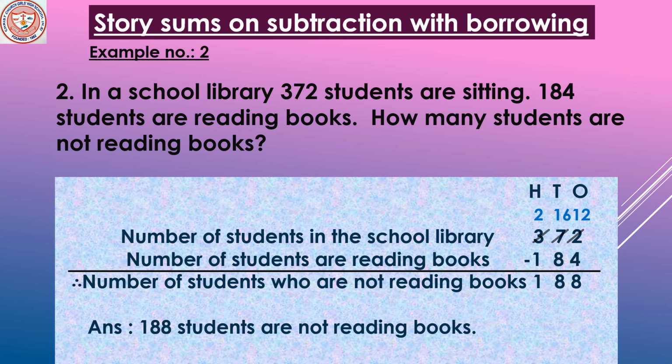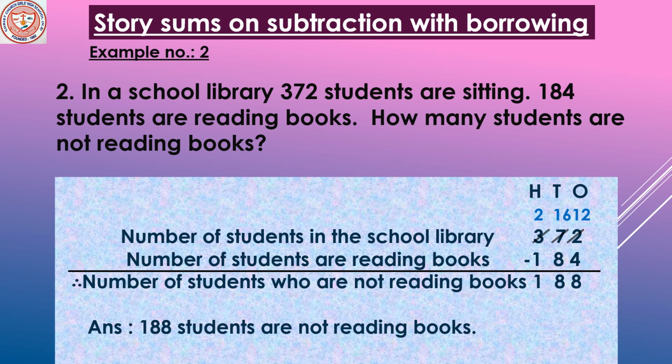We borrowed 1 ten from 7 tens, because in the tens column there are 7 tens and 8 tens. So now we have 6 tens left in the tens column and 8 tens are already there. So step number 2, subtract the tens. But we cannot subtract 8 tens from 6 tens.